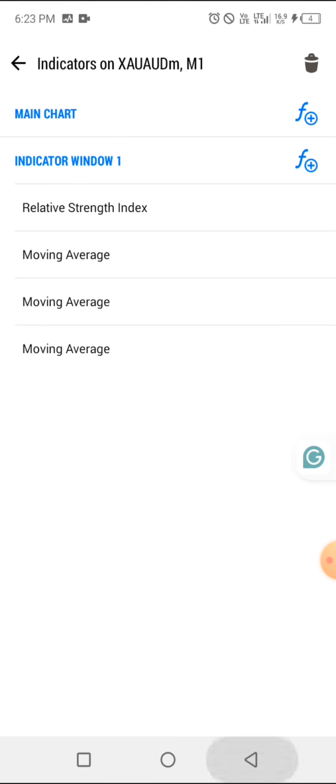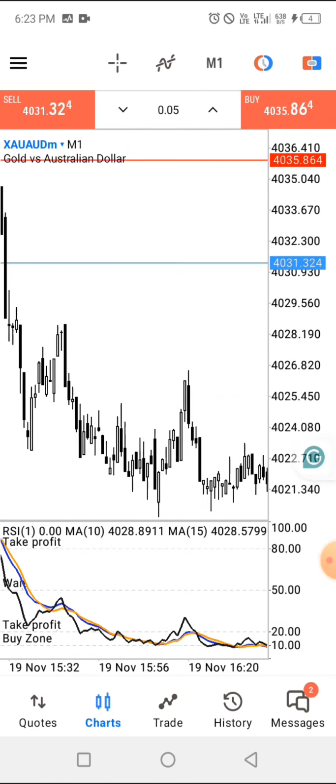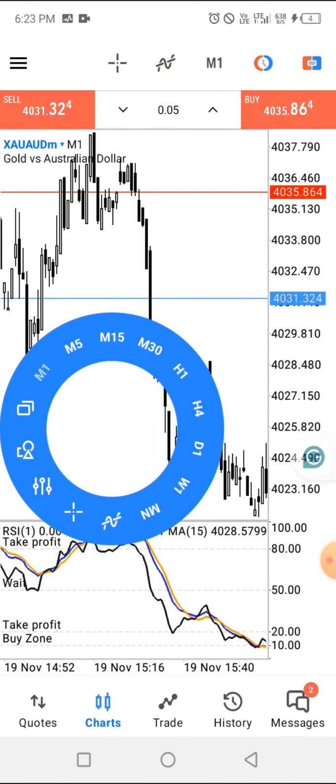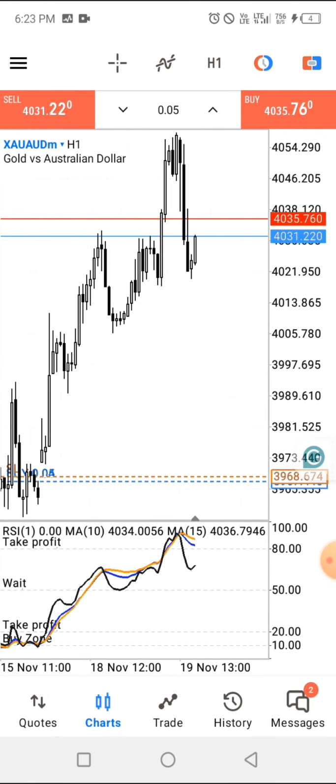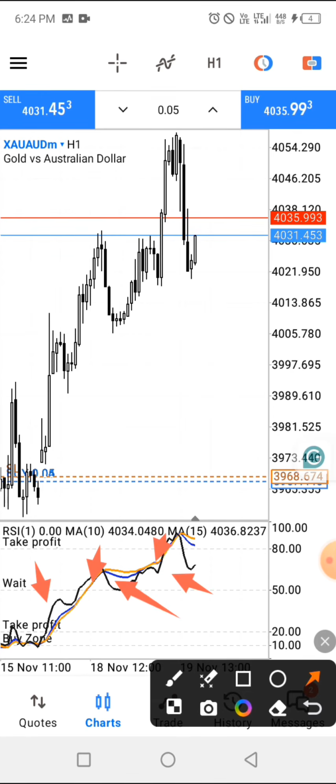As soon as you finish everything, you're going to find this indicator right here, and you're going to be using the 1 hour time frame. This indicator is just to give you a confluence, to let you know what is happening in the market. It's just going to be like a second eye for you.